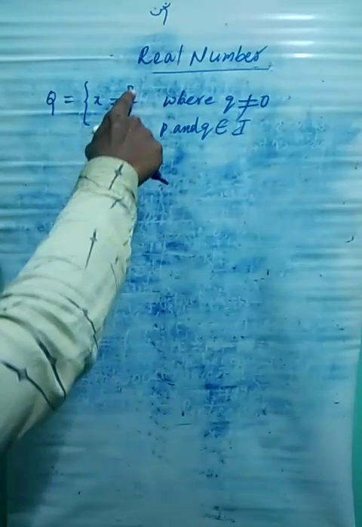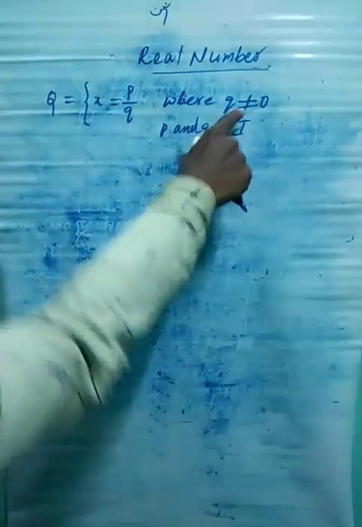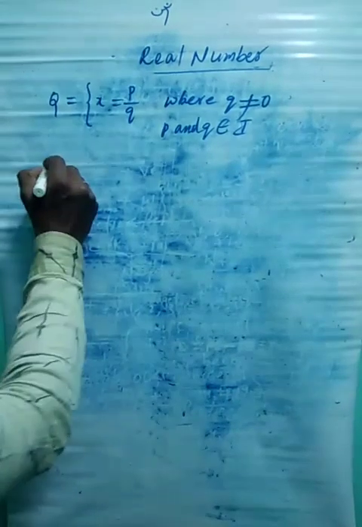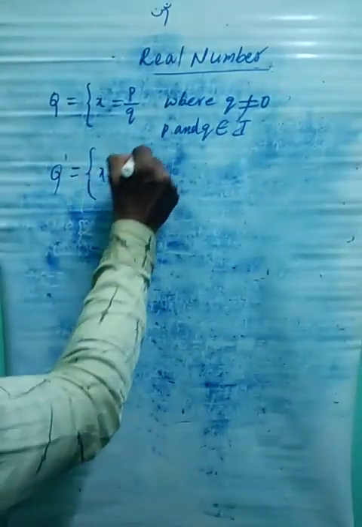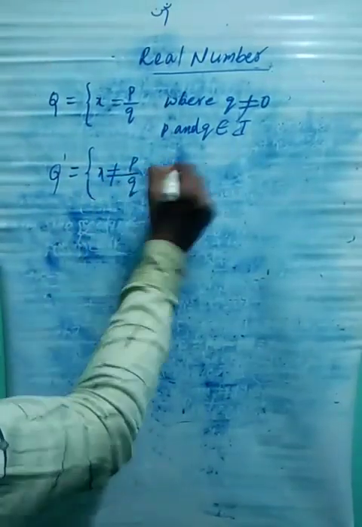The definition once again: the numbers which are in the form of P by Q, where Q is not equal to 0, and P and Q belong to integers, are known as rational numbers. What are irrational numbers? Irrational numbers are denoted by the letter Q dash. The numbers which are not in the form of P by Q are called irrational numbers.